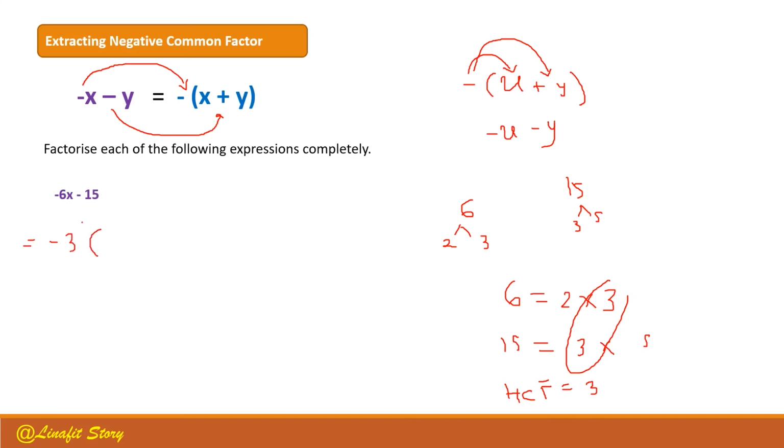Open bracket, negative 6x divided by negative 3 is 2x. Negative 15 divided by negative 3 is positive 5. So the answer is negative 3, open bracket, 2x plus 5, close bracket.